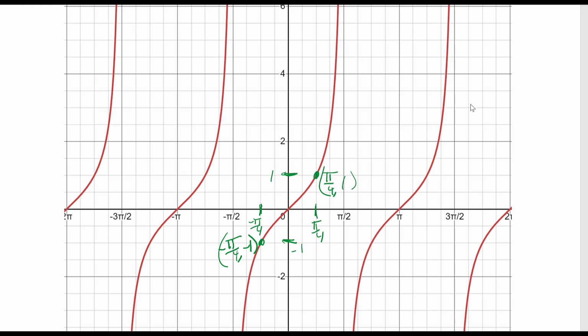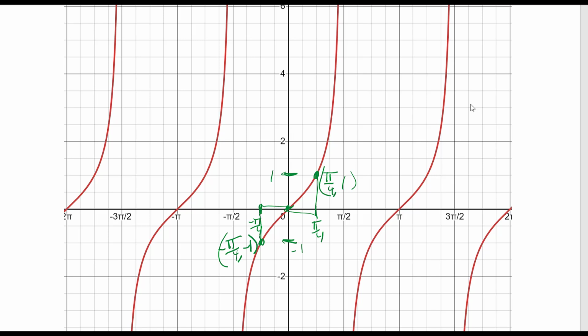So what I want to point out is, in a standard one that's not shifted at all, we have our origin. Then if you went over to pi over 4, then up goes to 1, or negative pi over 4 to negative 1.